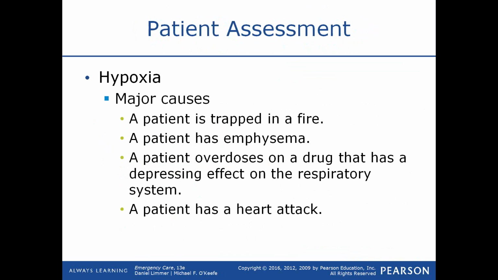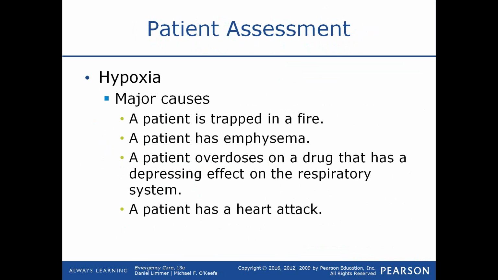Now, hypoxia, the major causes would include perhaps a patient trapped in a fire. In a fire, there are noxious gases to include carbon monoxide. Carbon monoxide has a much stronger affinity to the hemoglobin molecule than oxygen does. So if a person is in a fire and they breathe lots of carbon monoxide, it will replace the oxygen on the hemoglobin molecule and the patient will suffocate to death.